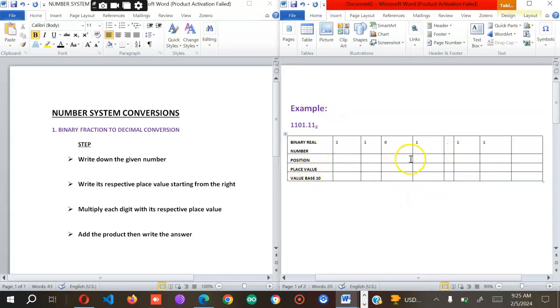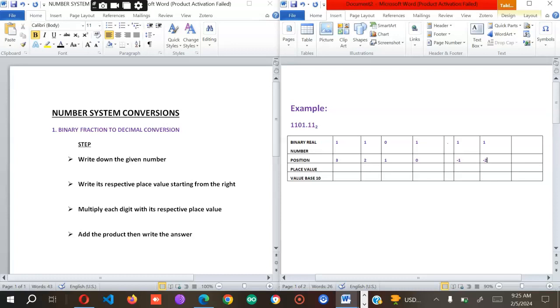Okay, step 2, you write down the place value starting from the right. So from the point we have 0, 1, 2, 3, while on the other side it is supposed to be negative 1, negative 2.